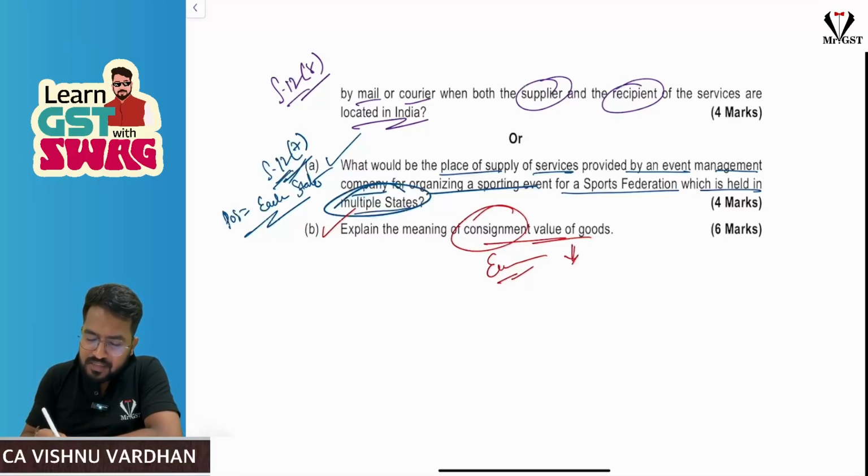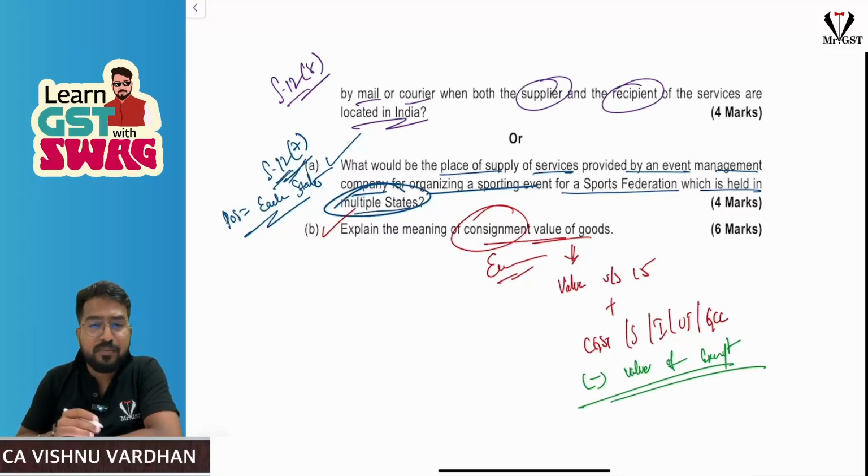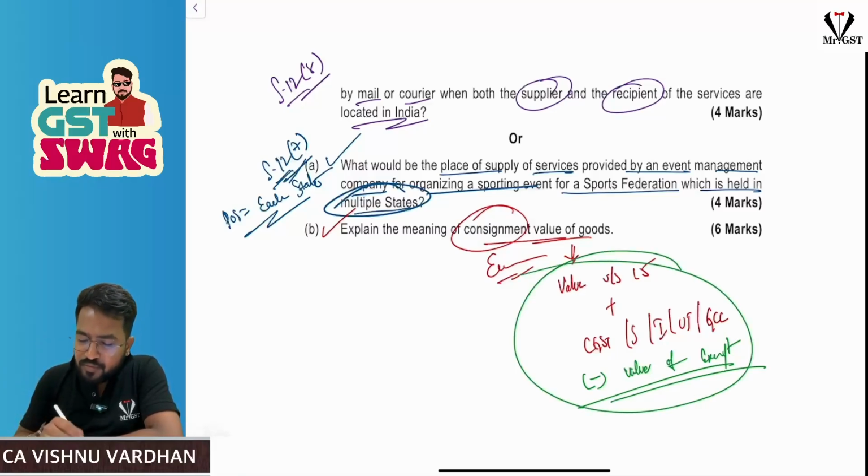Consignment value means the value under section 15 plus all the taxes, CGST, SGST, IGST or UTGST, and GST compensation cess, but we will exclude the value of any exempt supplies. If you are providing exempt supplies in the same invoice also, that exempt supplies value we will exclude. If you write the answer properly, that is more than sufficient, and this is for 6 marks.